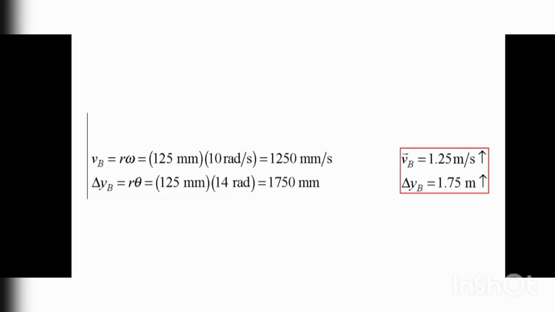And delta y of B is equal to r times theta, or angular position, which is 125 millimeter times 14 rad, equal to 1750 millimeter. If we convert it to meters, the answer is 1.25 meter per second, and the delta y of B is equal to 1.75 meter.